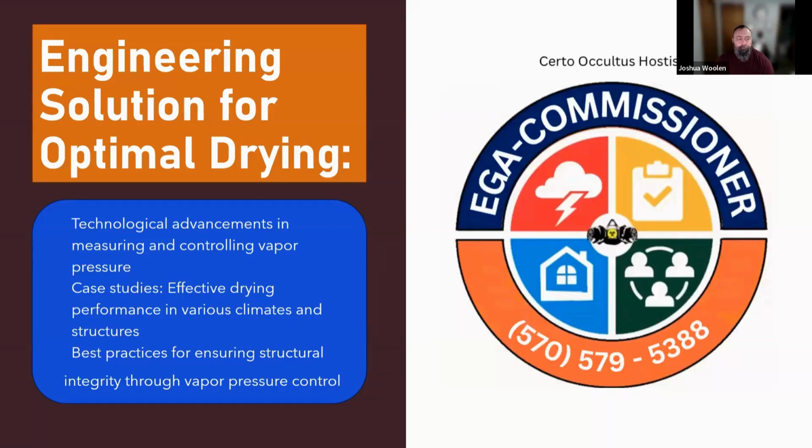Now the engineering solution for optimal drying, that's a tough one because we have 3 different versions of drying, right? We can do open drying, we can do closed drying, we can do a combination drying. And combination drying is not just opening up the window like many people believe and shutting down the dehues.